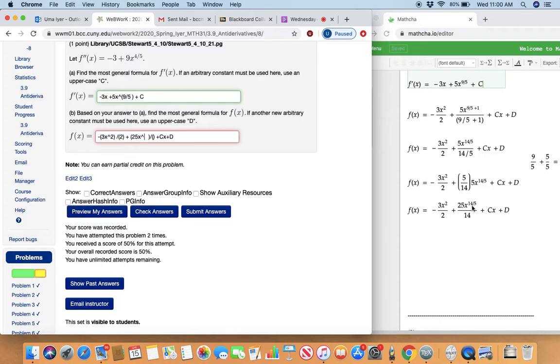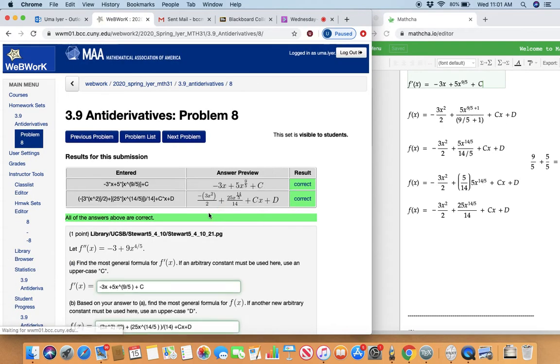Let me repeat, when the power is a fraction or a negative number or decimal, make sure you use parentheses, okay, as a power. So the power is a fraction, so I put it in parentheses, 14 over 5. So that took care of the numerator. Denominator is 14. All right, let's try. It's fine. Okay, until next problem then.